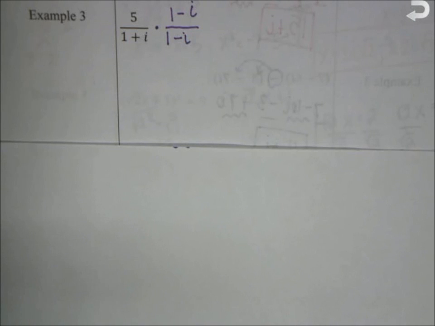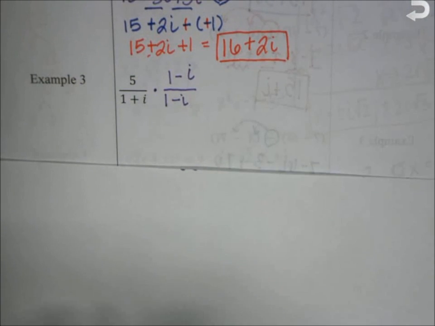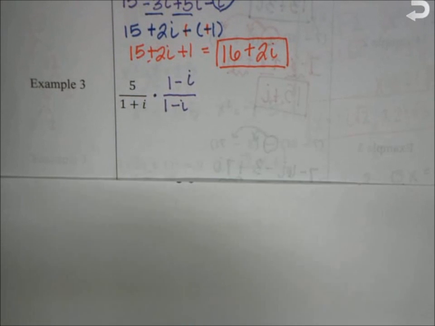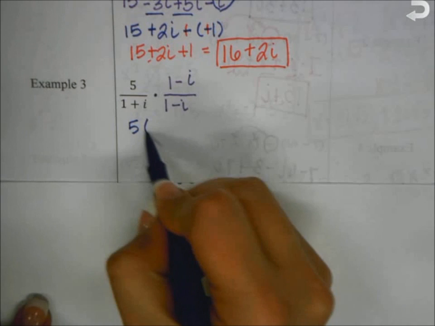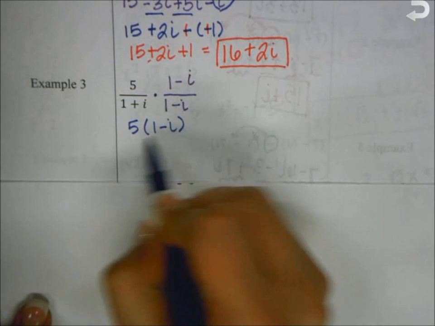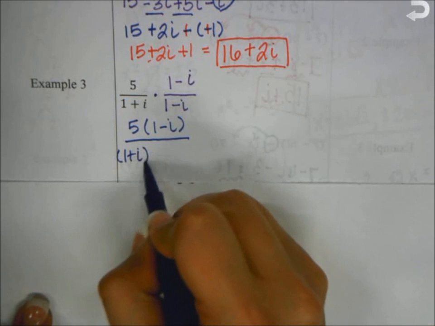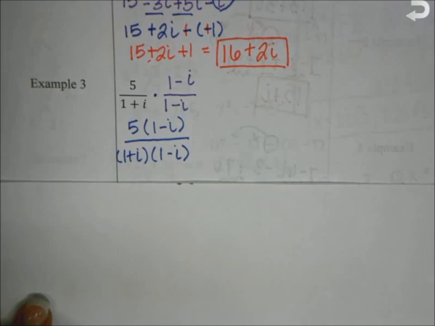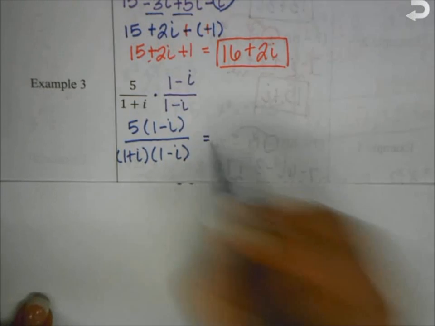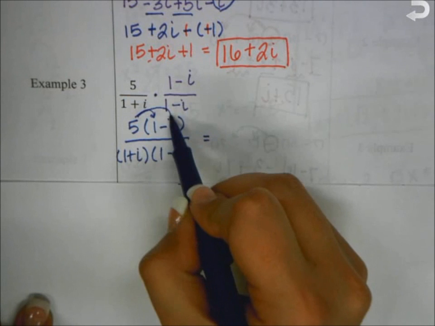Okay, and so then what happens? In the numerator, we're going to have 5 times 1 minus i. And in the denominator, we have 1 plus i times 1 minus i. How do we simplify the numerator? We distribute the 5 in, so that's going to give me 5 minus 5i.